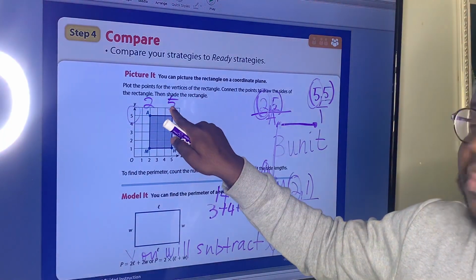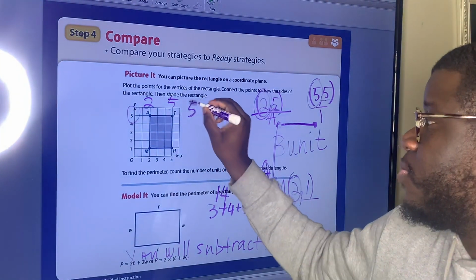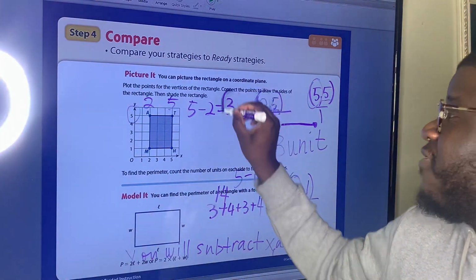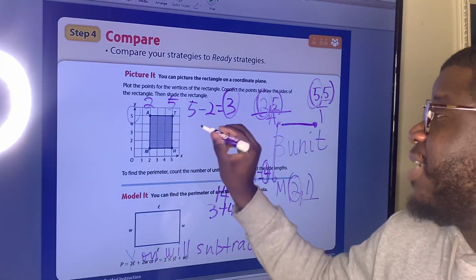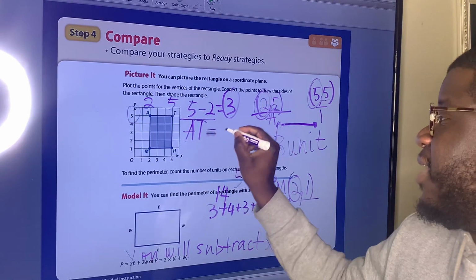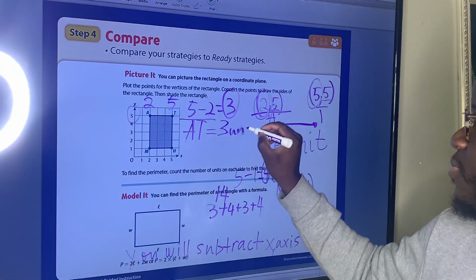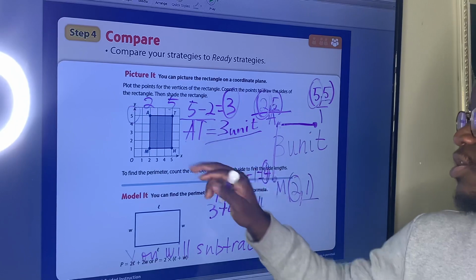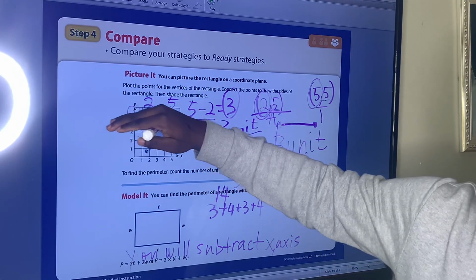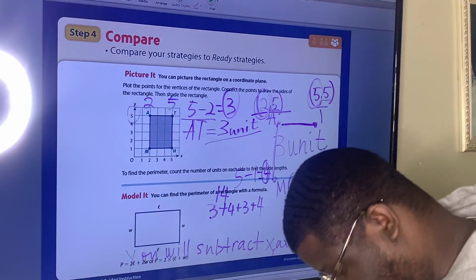So I would just subtract the x coordinates, 5 minus 2, which is equal to 3. That will give me the distance of AT. So the length of AT is equal to 3 units. This is how you find the distance between 2 points that lie on a horizontal line.